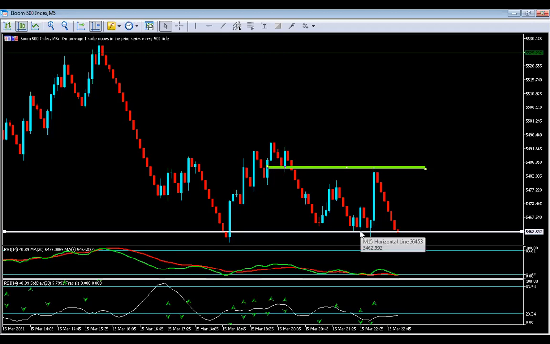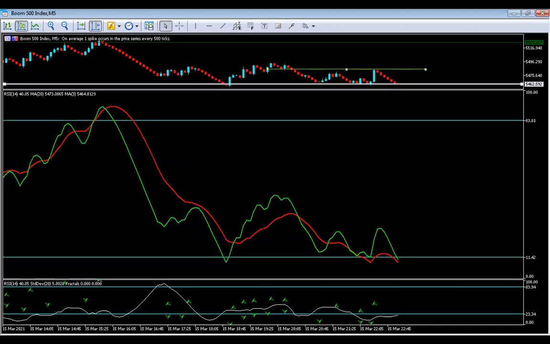So while your indicator is telling you that the market is oversold, you want to make sure that before you place any trade, you look at your main chart. If your chart is showing that the price has gotten to a support zone, okay.